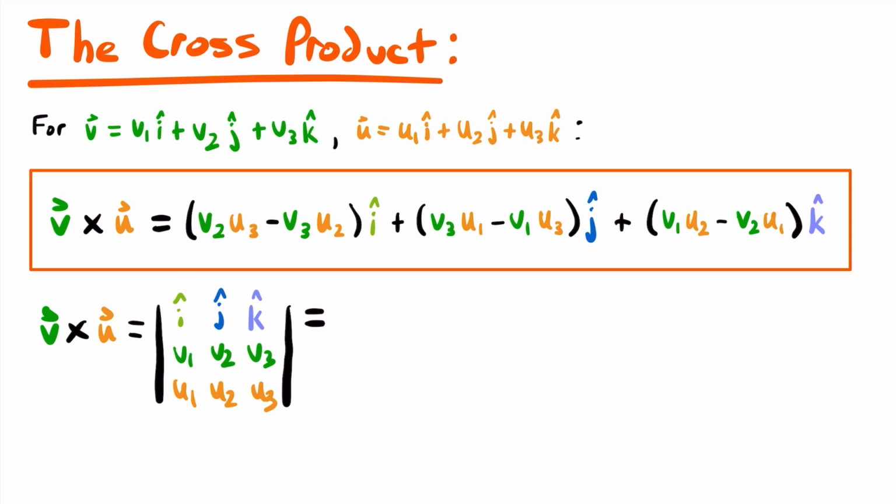And that 2x2 determinant is determined by the values left over when we cross out the row and the column that vector i is located in. As you can see, what's left over are these four values. Those are going to make up our 2x2 matrix that we will calculate the determinant of.